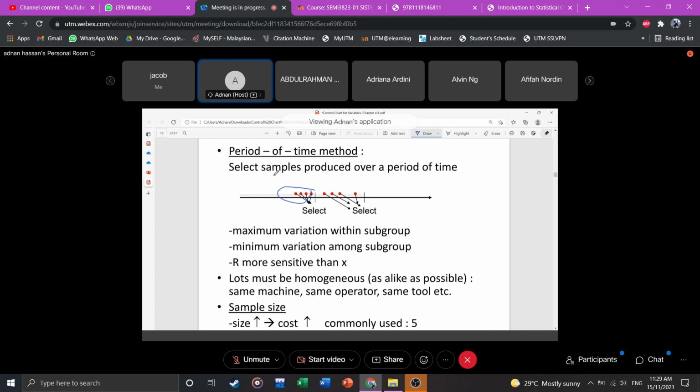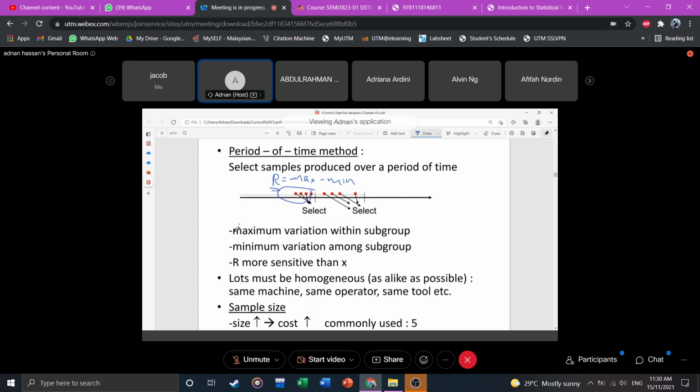R, remember, is maximum value minus minimum value. So when you take sample within a period, of course you get higher variability. Maybe at the beginning is low value, maybe somewhere toward the end it's higher value. So the R value will be higher, a higher difference.